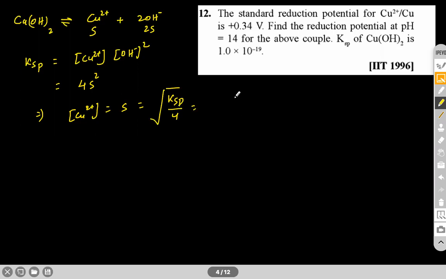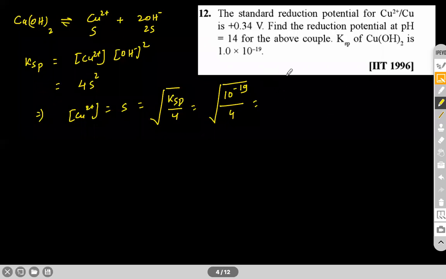And that would be 10 to the power minus 19 divided by 4, cube root of it. Okay, one more thing is given, pH is given, right? So it means pOH is what? pOH is 0, means OH minus is constant. Okay, fine. We can do this way also.